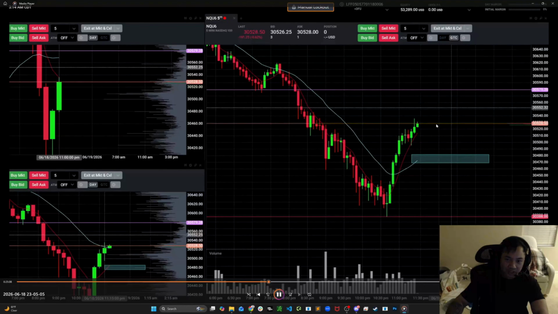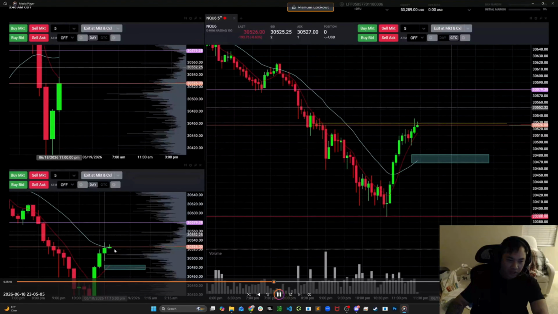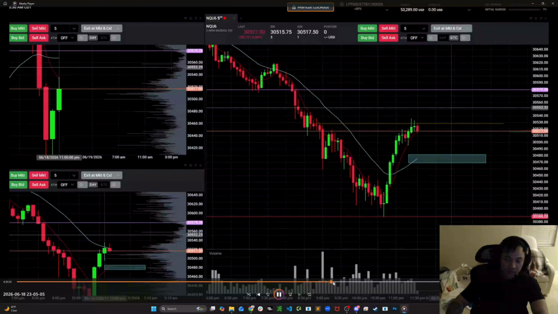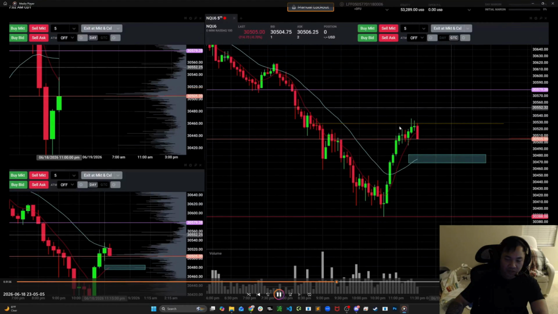So you can see it's really hovering around this zone, which is again the 30 moving average on the 15, and it's really struggling. And then here is where it has a significant drop, but not too bad. So right there is that resistance zone.